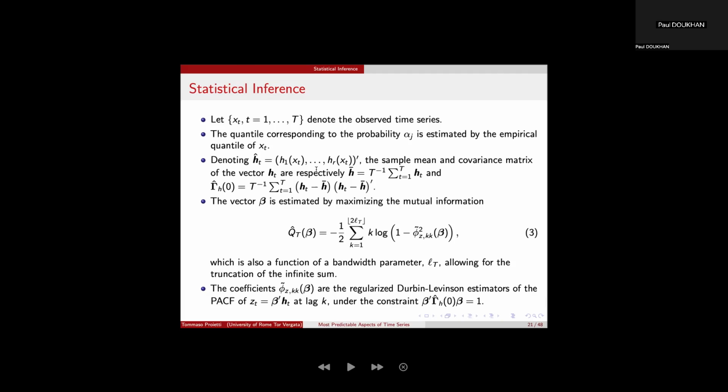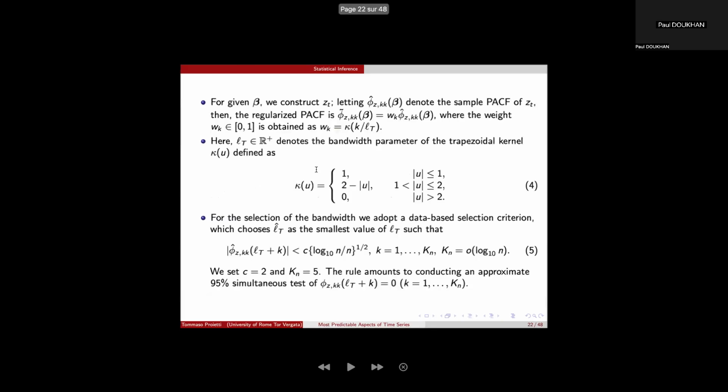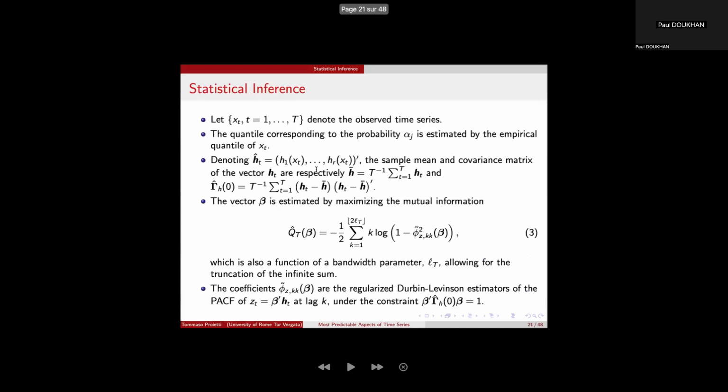So what is there? You see, this summation should be infinite. Here I truncate, so I have a non-parametric estimator, where I use a window of the lags, acting on the lags, so that I leave out high order partial autocorrelations. And LT would be the bandwidth parameter or the banding parameter of a kernel. So essentially it works like this.